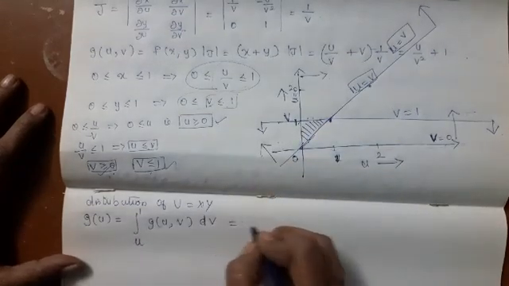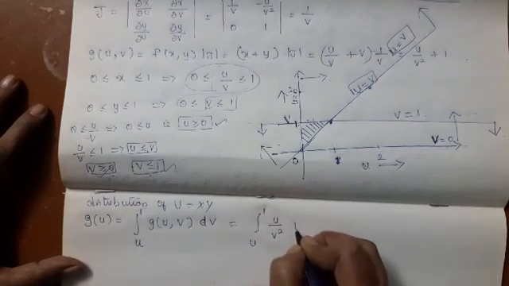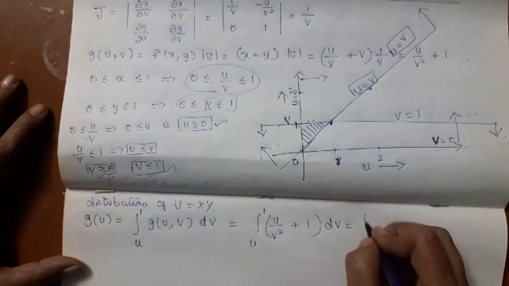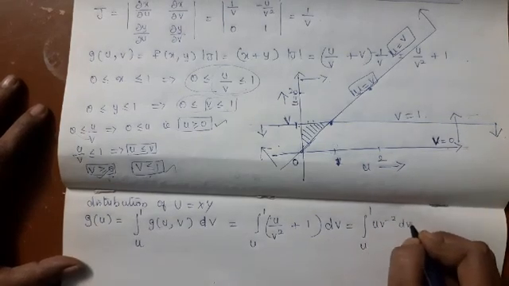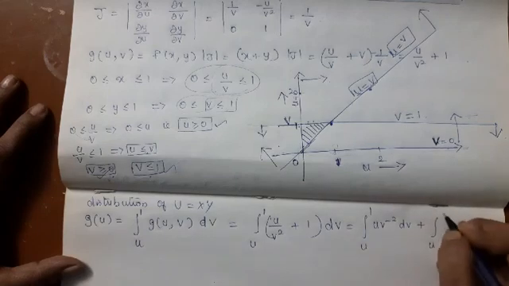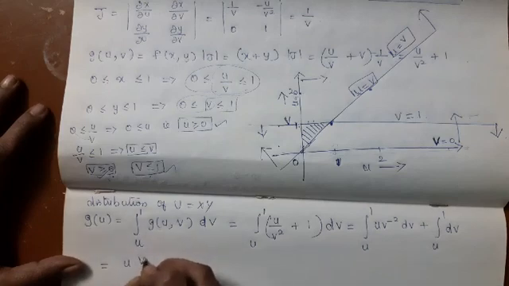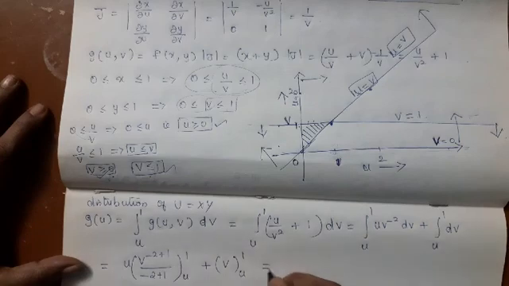So integral u to 1, u by v square plus 1. We have already derived g of u comma v. So you have integral u to 1, u v power minus 2 dv plus integral u to 1 dv, right? So u v power minus 2 plus 1 by minus 2 plus 1, the limit is from u to 1.